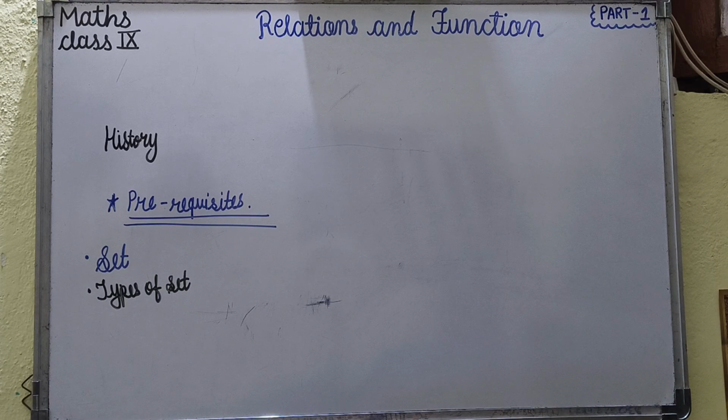The universal set: any set which is a superset of all the sets under consideration is called the universal set. Subset and superset: set A is called the subset of B if every element of A is present in the set B. Set B is called the superset of A if every element of set A is present in the set B.